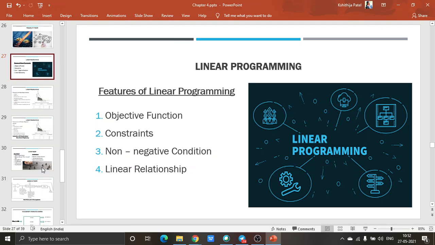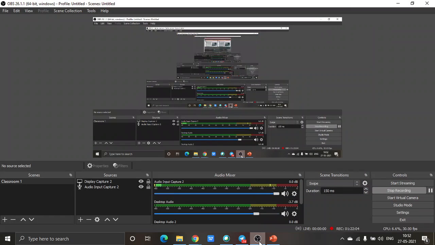Now these are the restrictions which shall be put on decision variables. They may be in terms of availability of raw materials when it comes to an organization. They may be in terms of the machine time that has to be used. It can be in terms of labor or any such thing. Now the constraint must be capable of arithmetical expression.